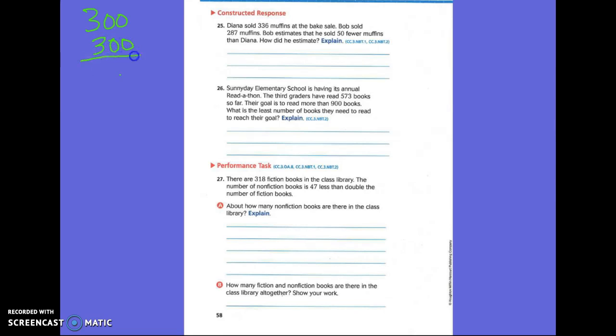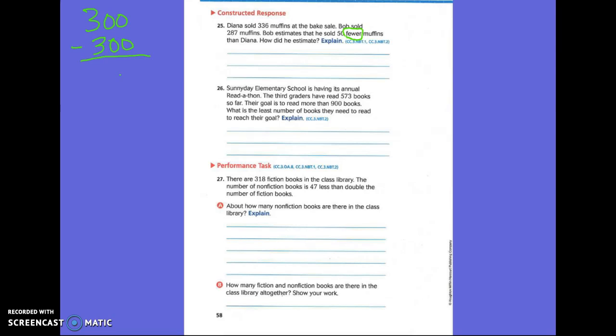Okay, is that going to get to 50? If it says fewer, we are going to subtract. Okay, so if we subtract these, is that going to get 50? No. Is Bob rounding to the nearest 100, yes or no? No. Okay, so we cannot round to the nearest 100.